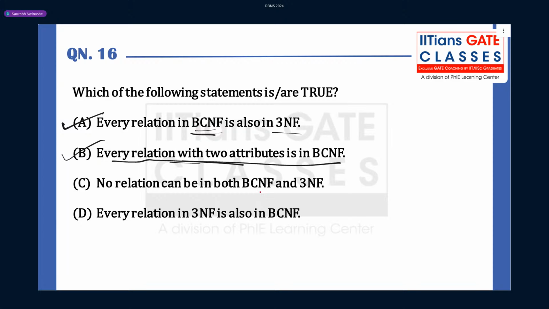So if a relation is in BCNF, it has to be in 3NF, and therefore it has to be both BCNF and 3NF. So this statement is clearly false. And if you look at option D, it says that every relation in 3NF is also in BCNF.